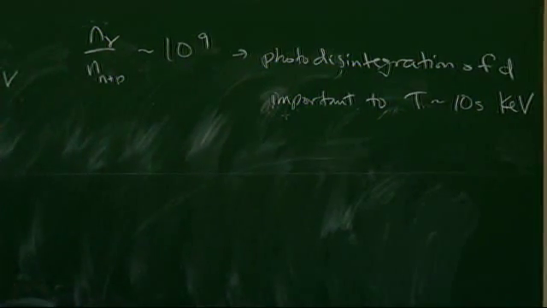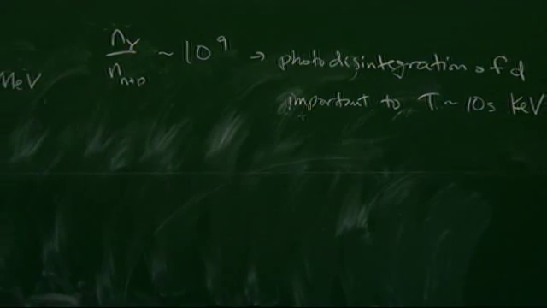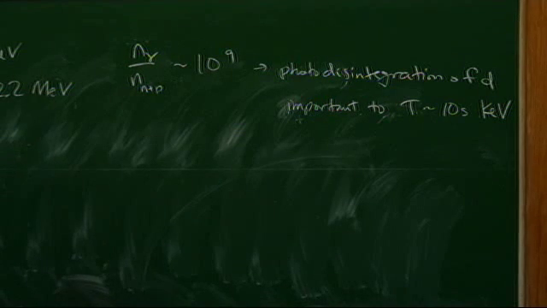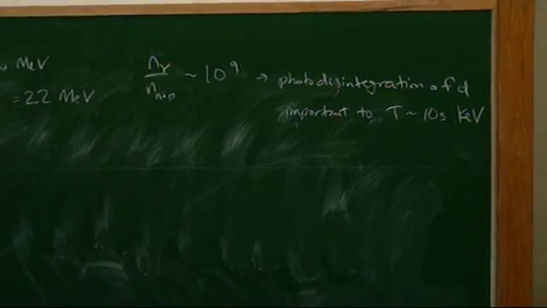Photodisintegration is important to temperatures of a few tens of keV, much, much less than an MeV. And so the reverse reaction remains in chemical equilibrium for quite a long time.